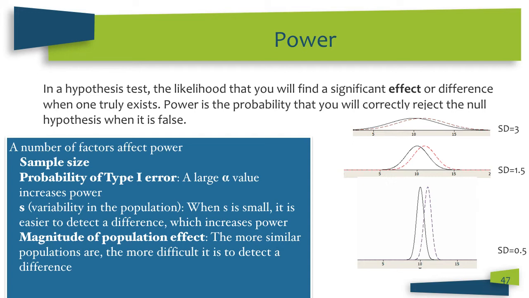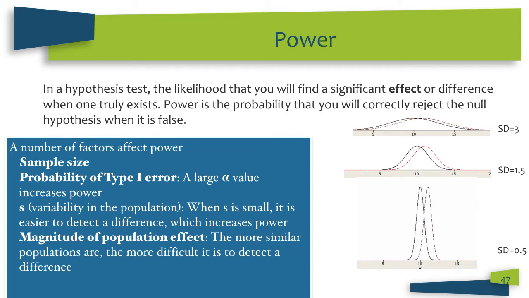In a hypothesis test, power is the likelihood that you will find a significant effect or difference when it truly exists. If you remember your statistics lecture, you had studied Cohen's d. The power is very much related to Cohen's d. If there is a difference between the samples, will you be able to detect it?